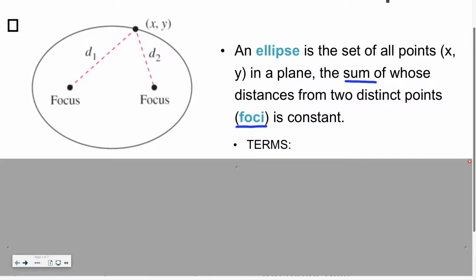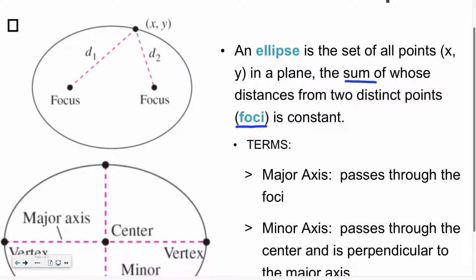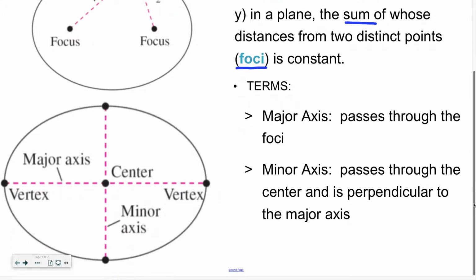The side that is longer is what we call the major axis, and it's going to pass through our center. Our foci will be on there, but then we're going to call the end points of that major axis our vertex points. And then the minor axis is basically going through the short side.